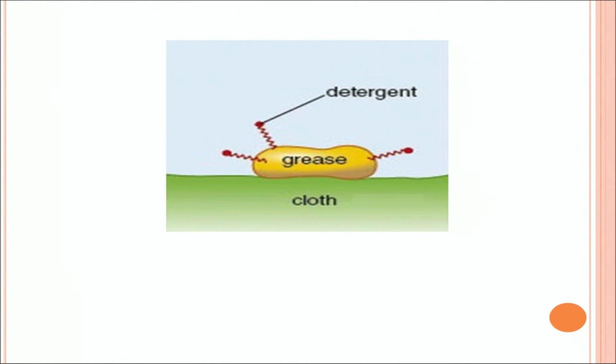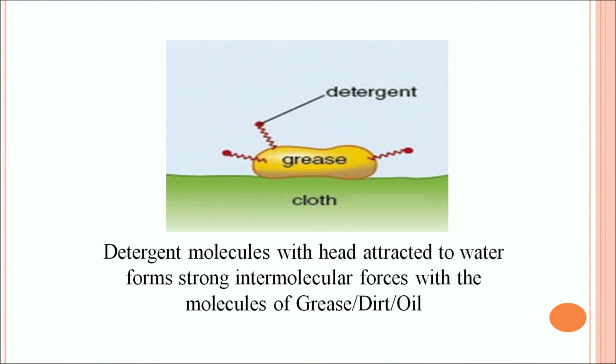Now, you can see from the diagram, the cloth is shown by the green surface and the grease is applied over the cloth. When we apply a detergent, it lowers the surface tension. The detergent molecule with its head attracted to water forms a strong intermolecular force with the molecules of grease, dirt or oil.